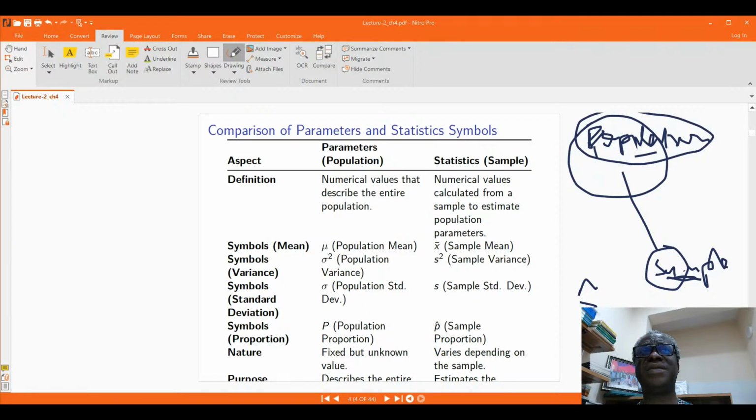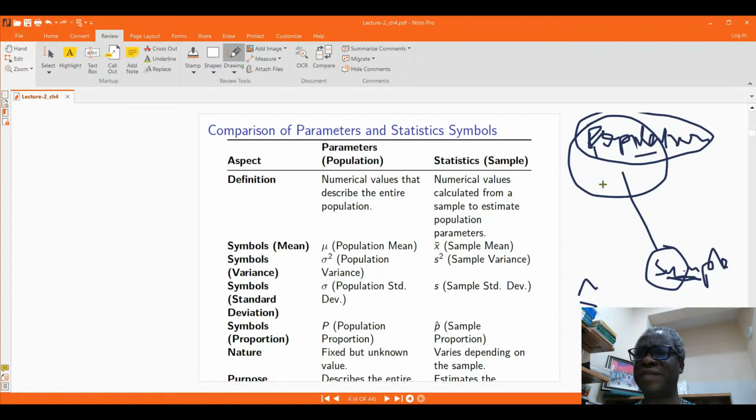whereas sample values will vary. So it depends on the sample. The estimate from one sample will be different from the estimate from another sample.